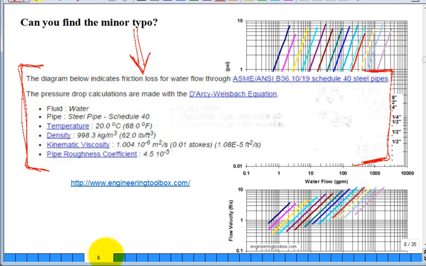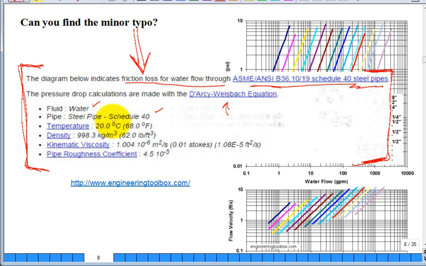But whenever you go to a website like that, they had this little footnote. I grabbed it and expanded it. The diagram below indicates friction loss for water flow through, and then they give you a reference, ANSI ASME standard Schedule 40 steel pipes, which is nice. The pressure drops are calculated using the Darcy-Weisbach equation. That's great. That's the same equation you do by hand. And you say, oh, it's water, Schedule 40.